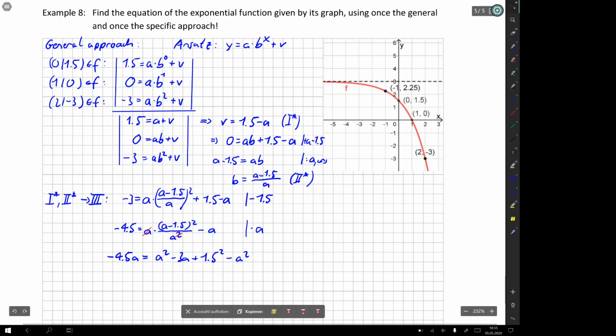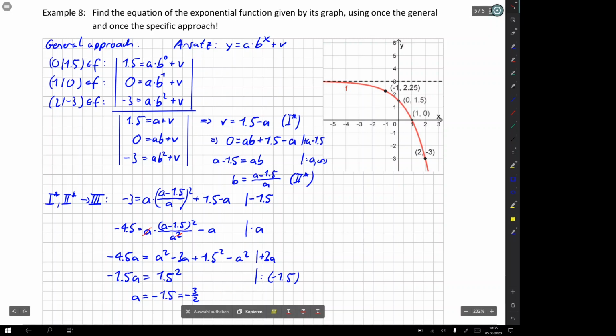The a squared cancel out here. We add then the 3a to have all the a on one side. And we get minus 1.5a equals 1.5 squared. So we have to divide by minus 1.5, and we get as the final result a equals minus 1.5, or minus 3/2.